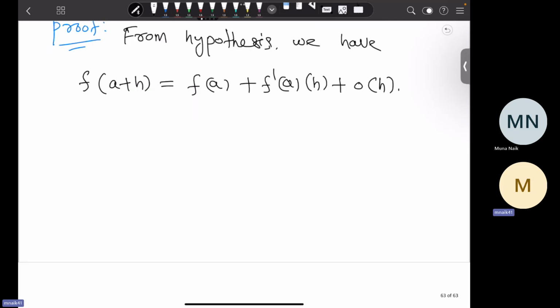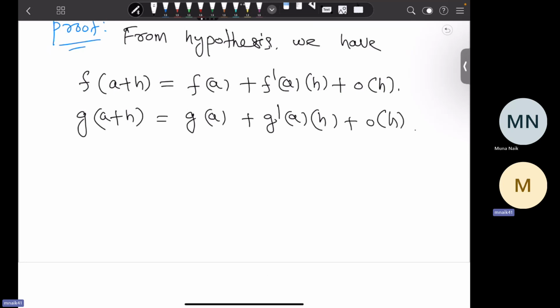Call this (1). Similarly, g is differentiable at a, so g of a plus h is equal to g of a plus g prime of a applied to h plus little o of h. Call this (2).